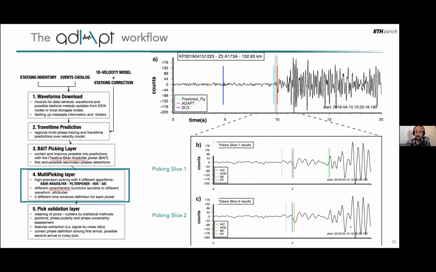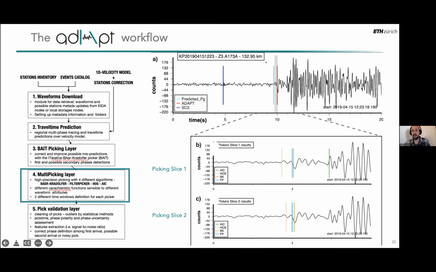In picking slice 1, most of the pickers are coherent in looking at the first arrival, while the single AC picker fails, detecting the second arrival. This does not occur in picking slice 2, which was zoomed in, where the entire set of pickers picked the same phase.